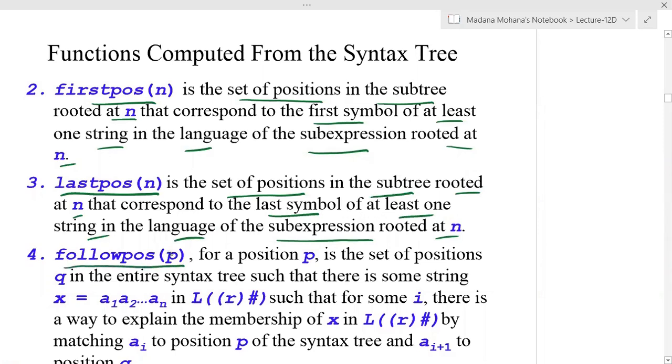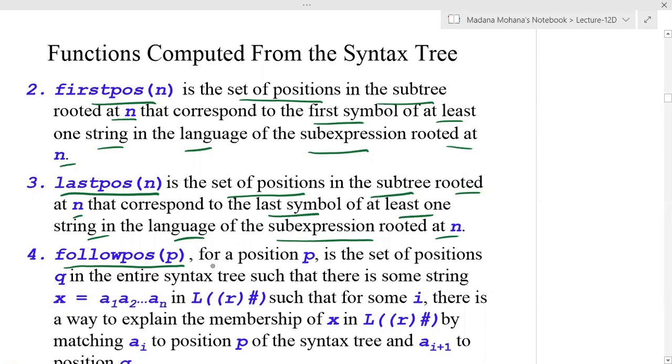See, for follow position we only consider positions, whereas for nullable, first position, and last position we consider nodes. That is the difference between the above three and this one. Here positions means, like in our previous syntax tree, we used 1 to 6. So for position 1 we will find follow position, for position 2 we will find follow position, like that.